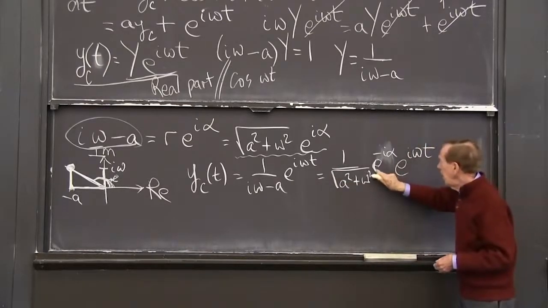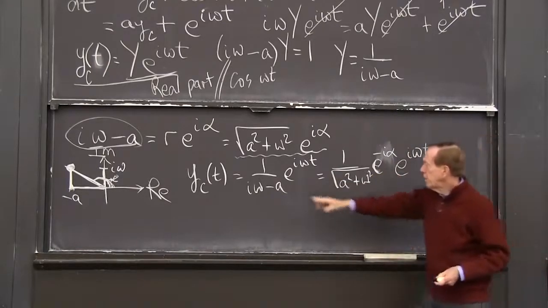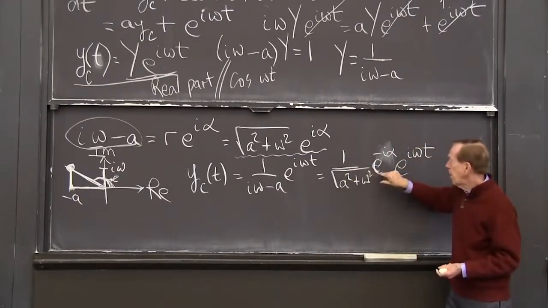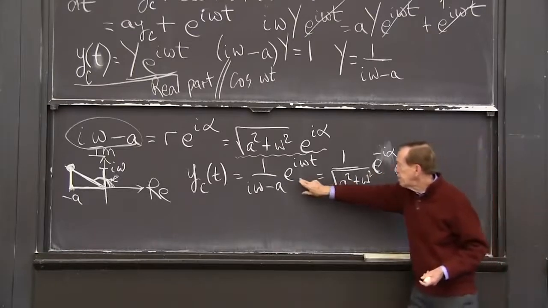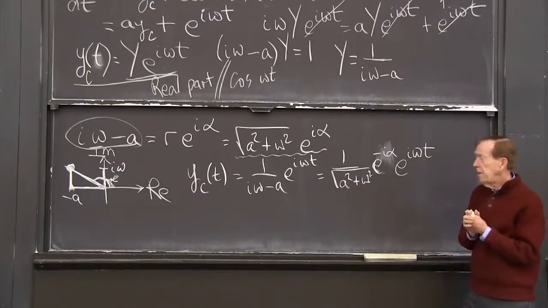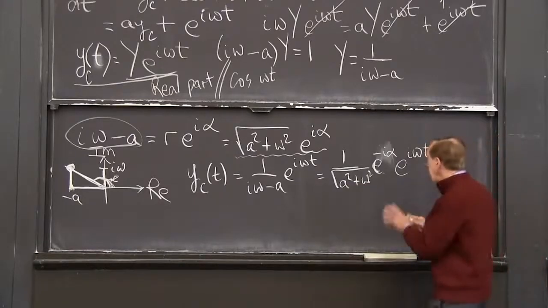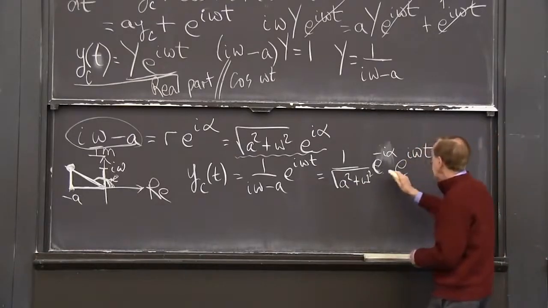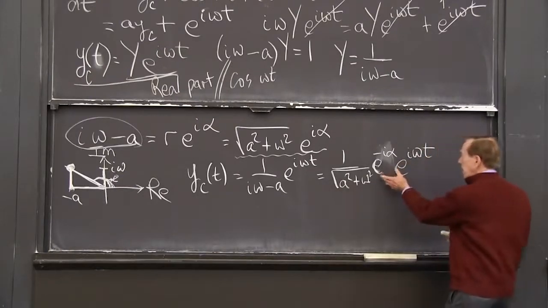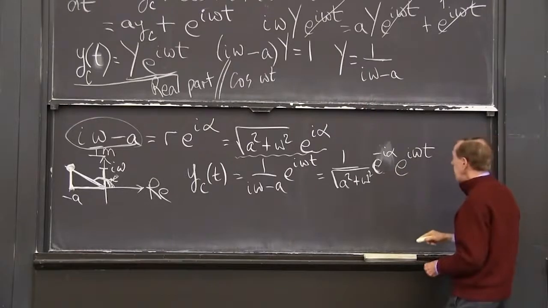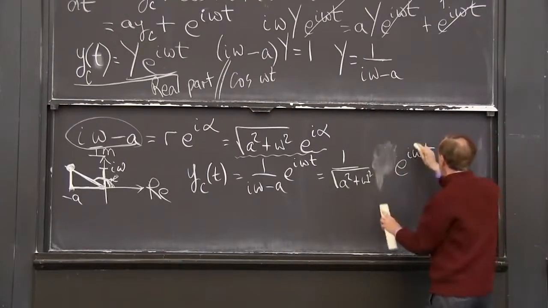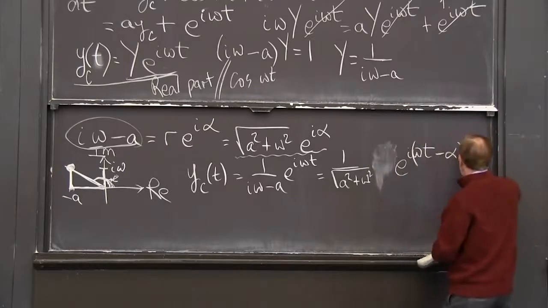Are you good with that? So this number produced both of those terms, the magnitude part and the angle part, and then this part was pure angle, and that's my answer in a nicer form. And here's an even better form. I combine these two: when I multiply two exponentials, I can put that as e to the i omega t minus alpha.